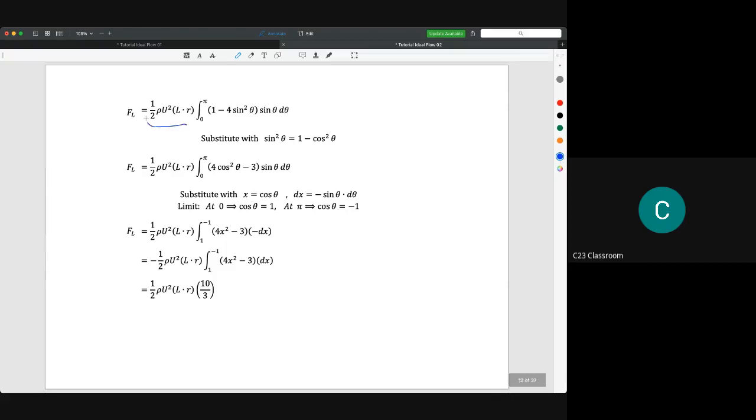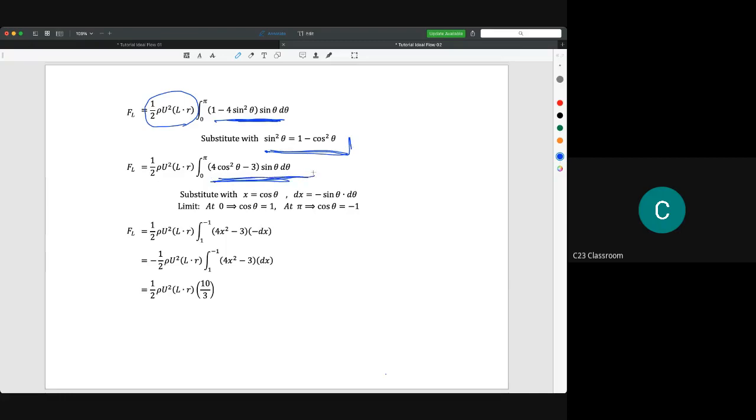Because all of these terms have nothing to do with theta, we do the integration only for the parameter that has theta. To simplify this one, we substitute sine squared theta with 1 minus cos squared theta, and then we could simplify it as this one.